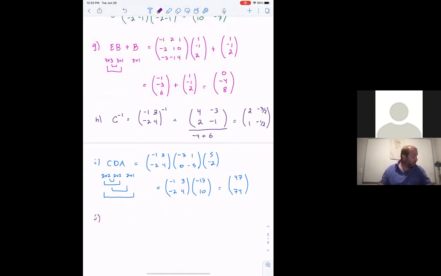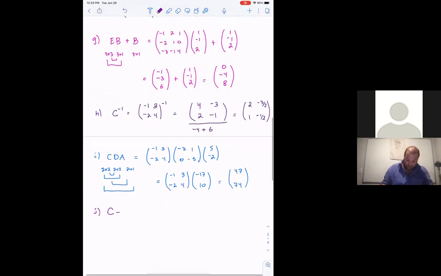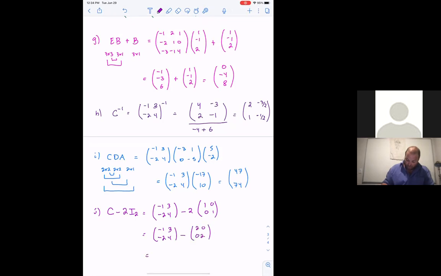And then finally we have J, which is C minus 2 I2. C is 2 by 2, as is I2. C is [-1, 3; -2, 4], minus 2 times the 2 by 2 identity matrix. That's the same thing as [-1, 3; -2, 4] minus [2, 0; 0, 2].